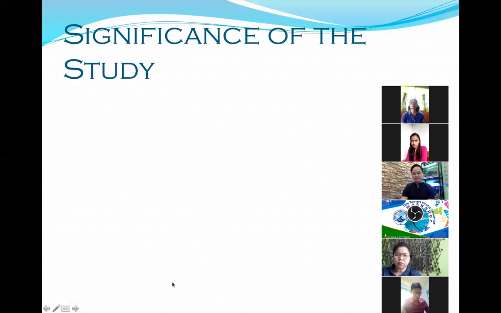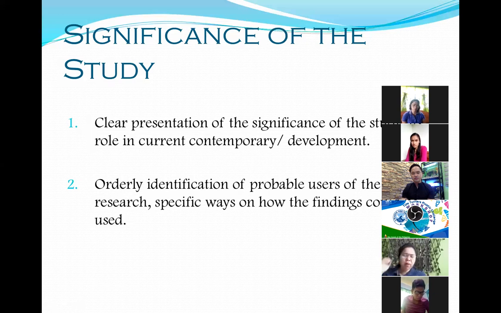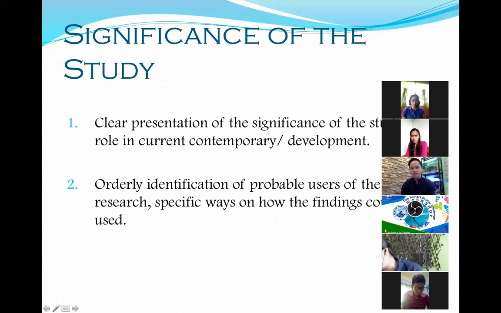Significance of the study. This is the part where you clearly present the significance of the study, including its role in current contemporary development. Meaning to say that you are going to orderly identify probable users of the research. Ibig sabihin, who will benefit from your study?